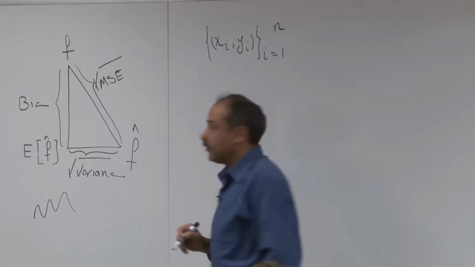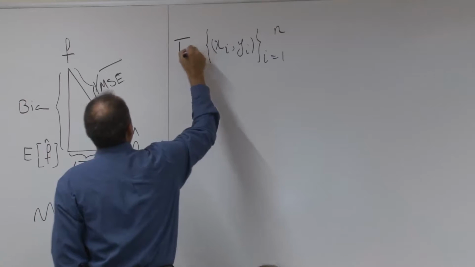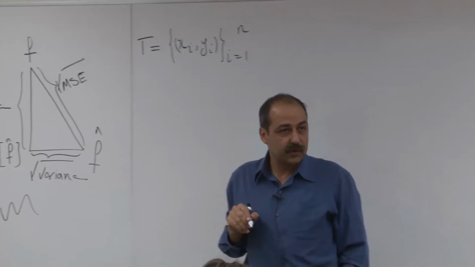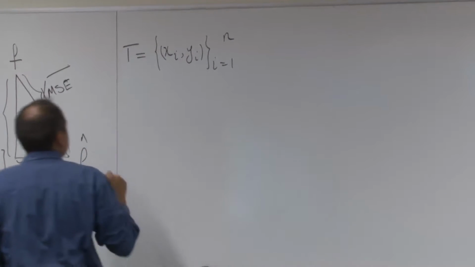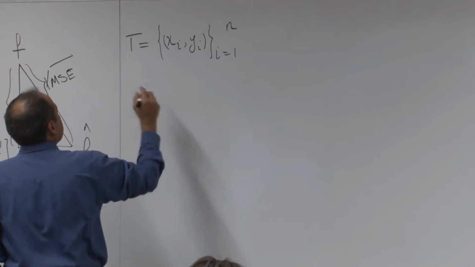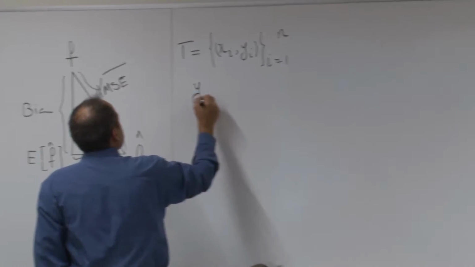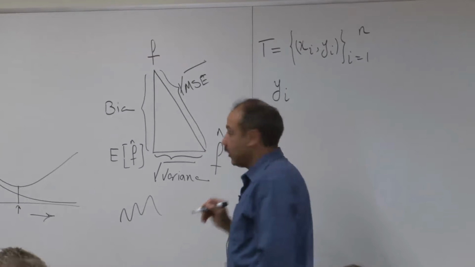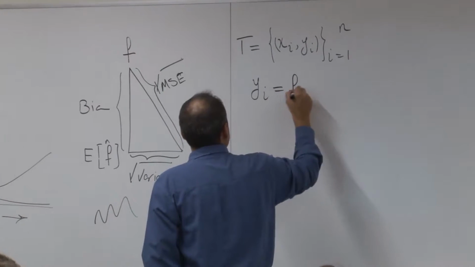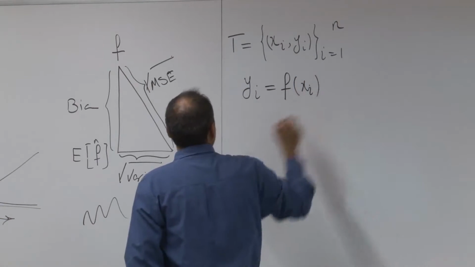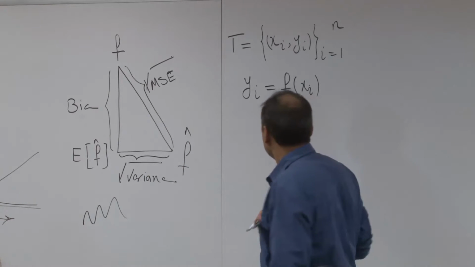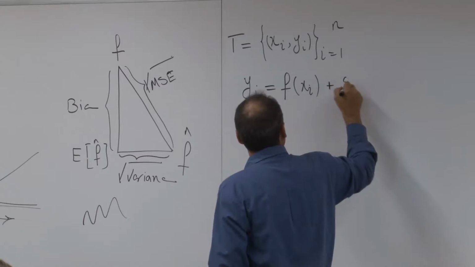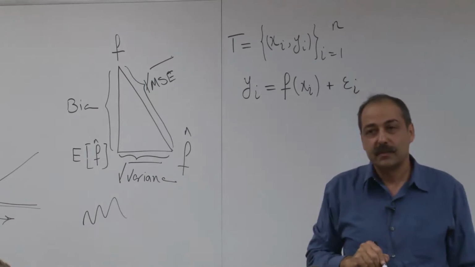I have n observations, and this is my training set that I'm going to learn f hat from. I make the assumption that my observations are a function of f, where f is my true function, plus some noise.